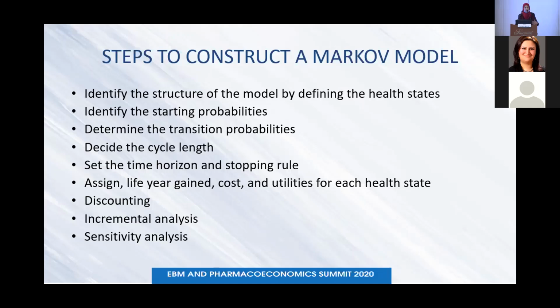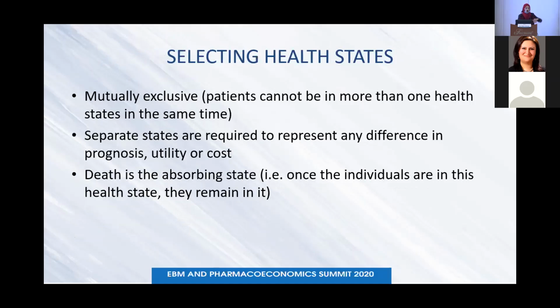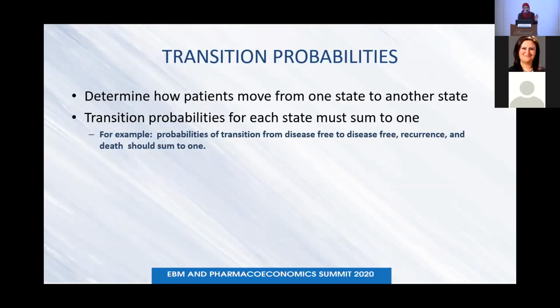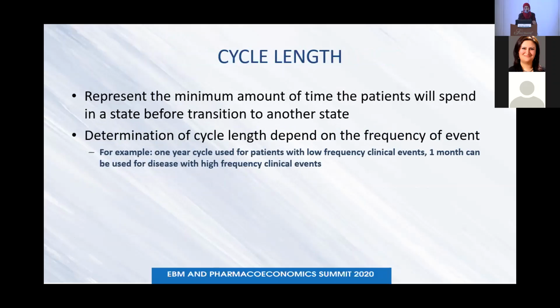Then at the end, we assign the life year gain, cost, and utility for each health state. Then we have to do discounting, incremental analysis, and sensitivity analysis. I can't talk more because we need a lot of time for Markov.